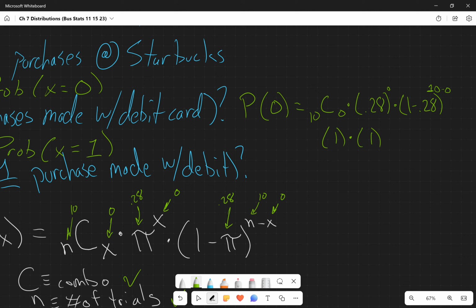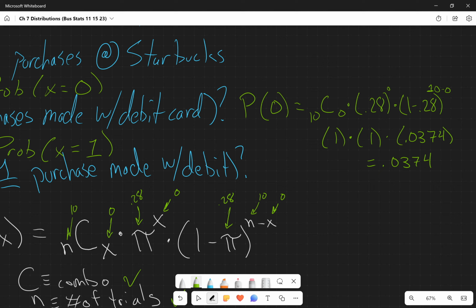And then 1 minus 0.28 to the 10th power gives us 0.0374. So 1 times 1 times 0.0374 gives us 0.0374. So there's a 3.74% chance that no purchases of the 10 were made with a debit card.